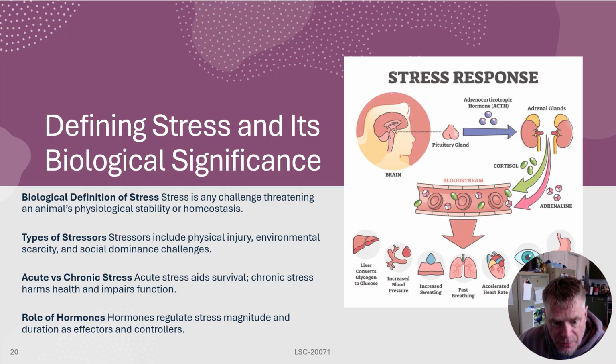Chronic stress, those are more longer term things, and might be suboptimal conditions, so it's harming the health and impairing function. Role of hormones: hormones regulate the stress response, and they're involved in the body adapting to that stress and preparing with the right sort of response to it.